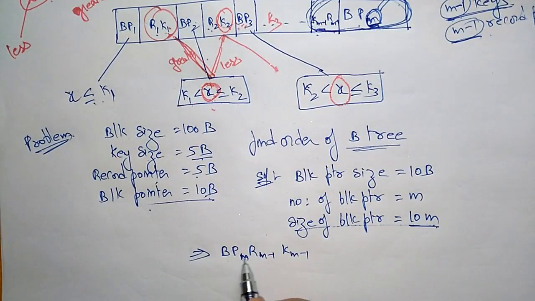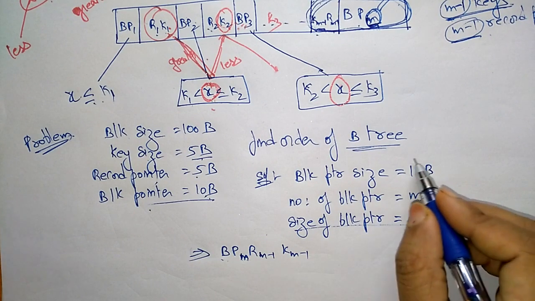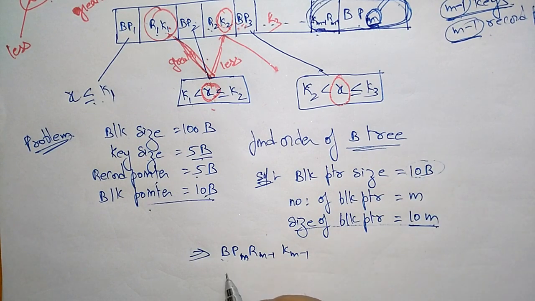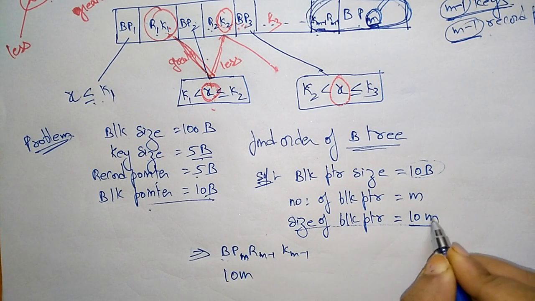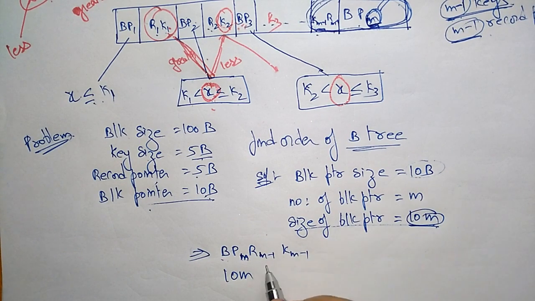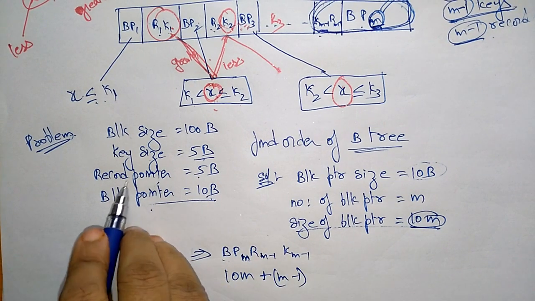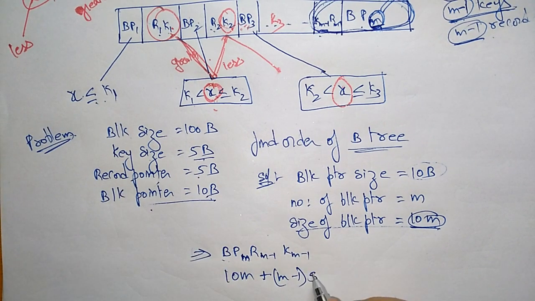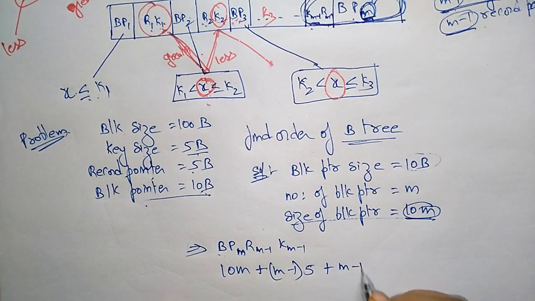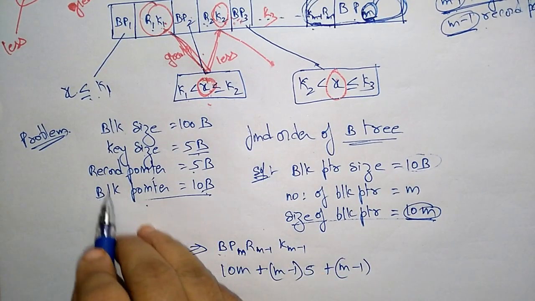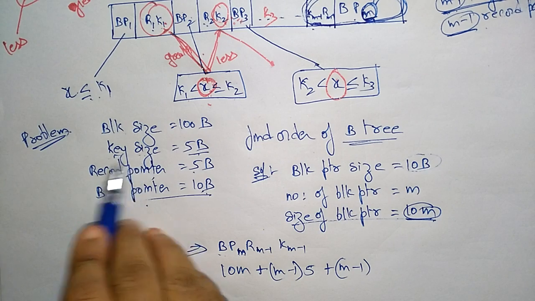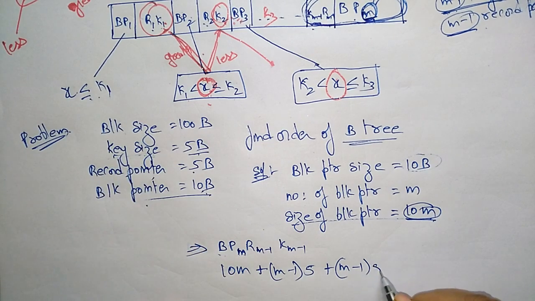So the block pointer size is 10M, plus the record pointers, M minus 1, each of size 5, plus the keys, M minus 1, each of size 5.